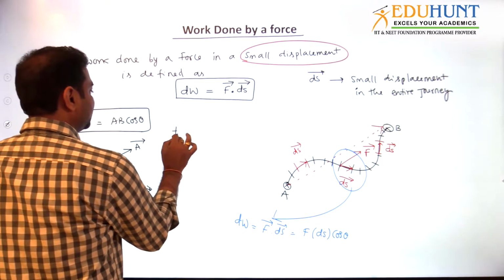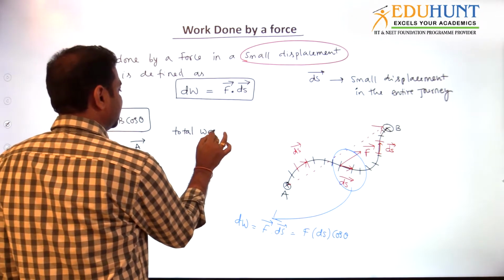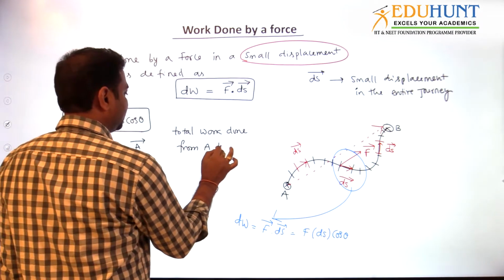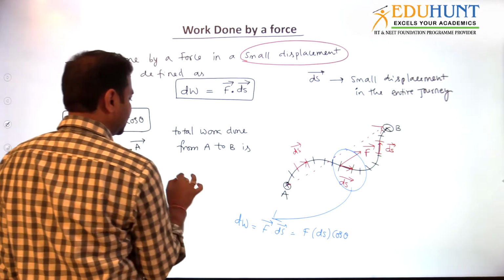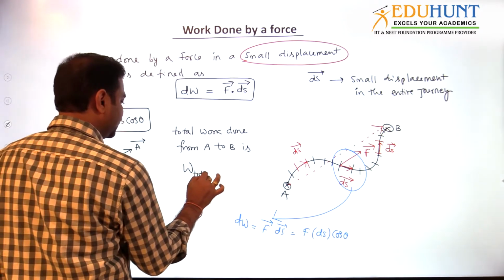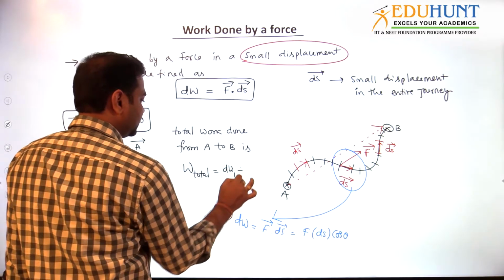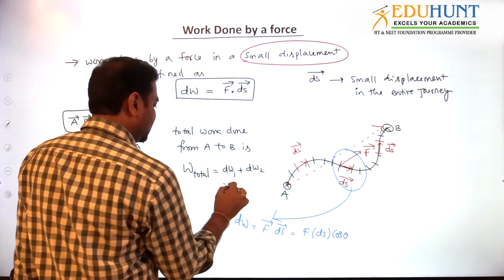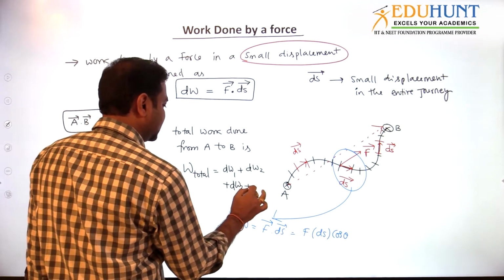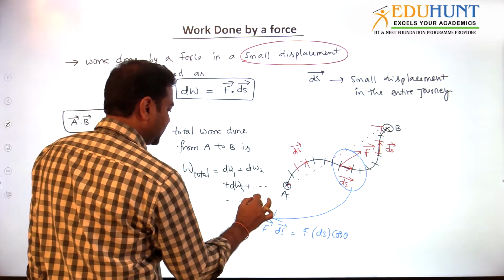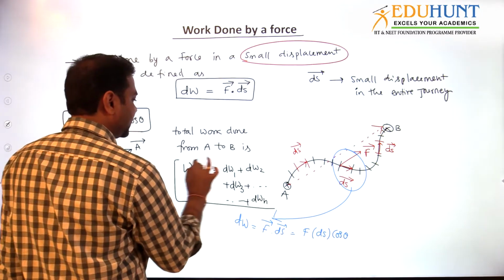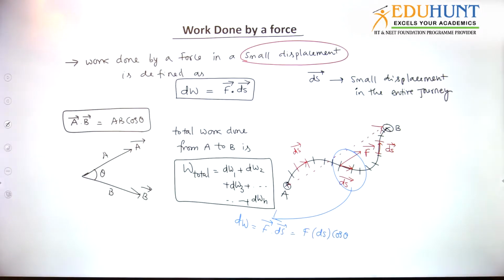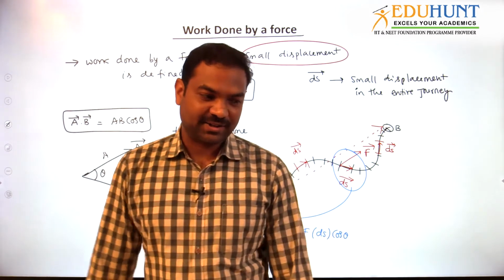So total work done from A to B is equal to dW1, the work done in the first small part, plus dW2, the work done in the second small part, plus dW3, the work done in the third, and so on, up to the nth small part. This addition of all small parts we call regular addition.